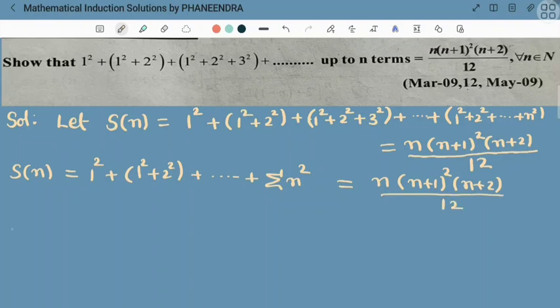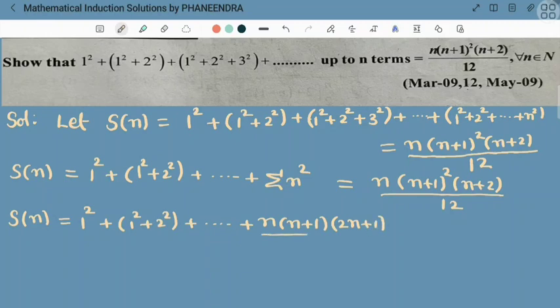Okay, what is sigma n square? We already studied this in the 10th class, the sum of the squares of the first n terms, 1 square plus 2 square plus and so on: n into (n plus 1) into (2n plus 1) divided by 6. This is the value of sigma n square, and the sum is equal to n into (n plus 1) whole square into (n plus 2) divided by 12.